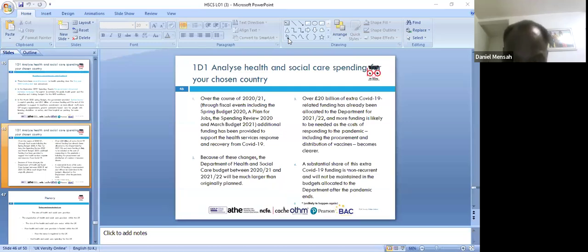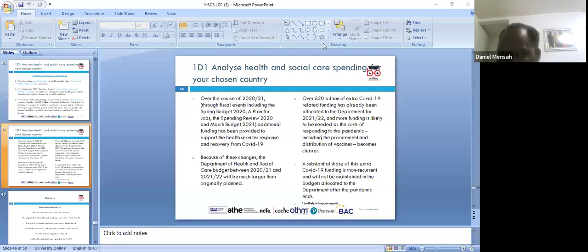Because of these changes, the Department of Health and Social Care budget between 2021 and 2022 will be much larger than originally planned. Over 20 billion of extra COVID-19 related funding has already been allocated to the Department of Health for 2021-2022, and more funding is likely to be needed as a cost of responding to the pandemic.